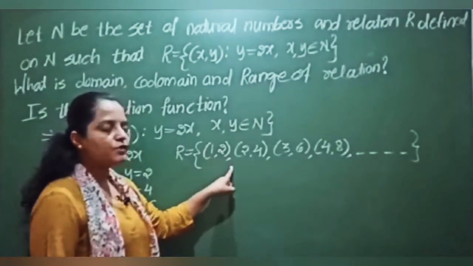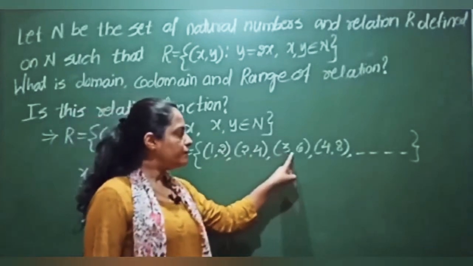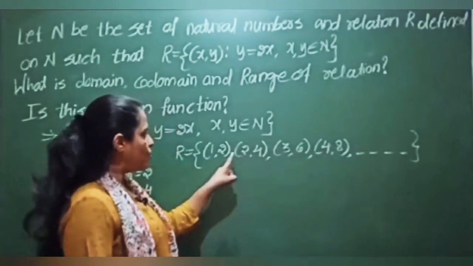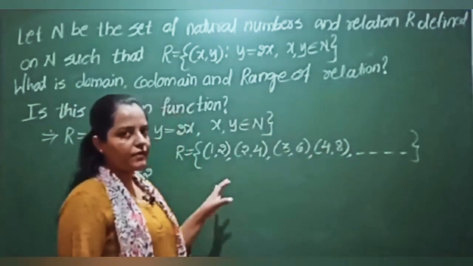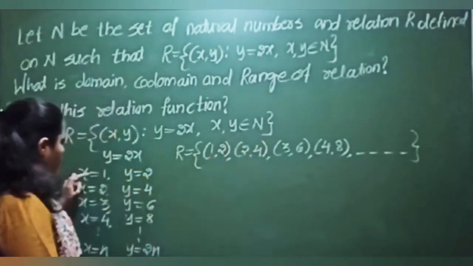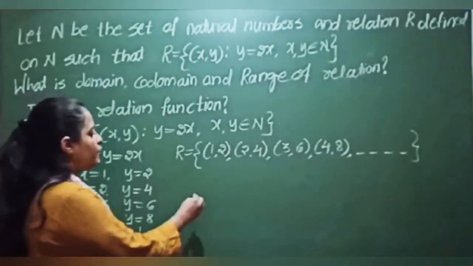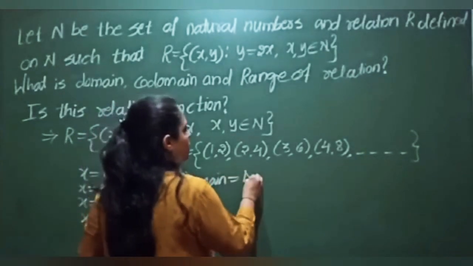The set of all first elements of the ordered pairs of the relation is called the domain. So what are the first elements here? 1, 2, 3, 4 up to n number of elements, that is the set of all natural numbers. So the domain of this relation is the set of all natural numbers.